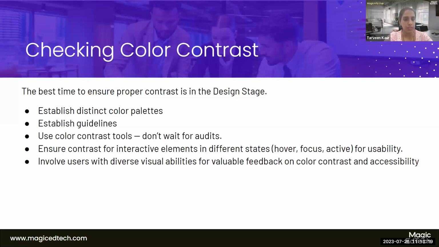We'll be talking about that in the upcoming slide. And please ensure that you don't wait for actual audits to happen. Get the audit done by your designers, or have experts involved right from the beginning of your product reviews.